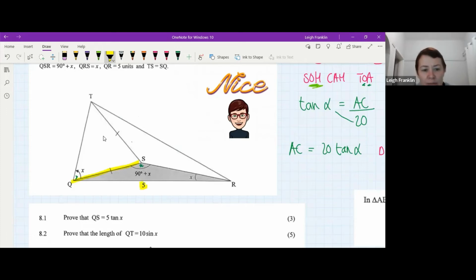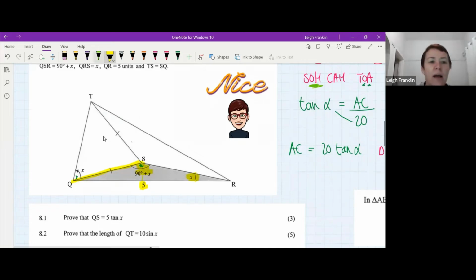Now look, here's the 5. And there is angle X. So in this situation over here, can you see 5 is opposite 90 plus X? And angle X is opposite the side that we want to work with.